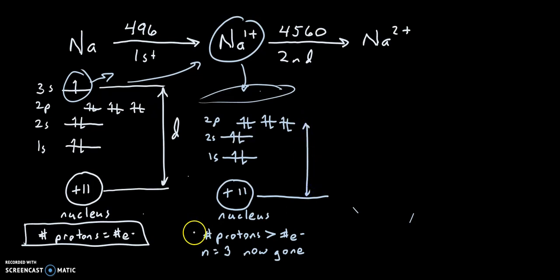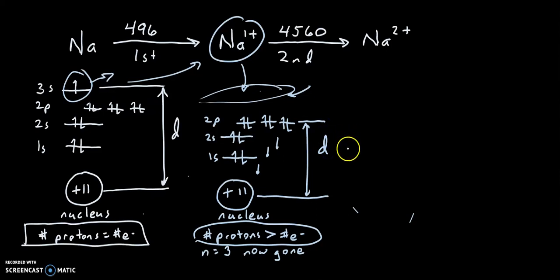Because there are more protons than electrons, all the energy levels get pulled a little bit closer to the nucleus due to electrostatic attraction, and with energy level 3 missing, the overall effect is that the distance between the nucleus and the outermost electrons in a sodium 1+ ion is much smaller than it was previously.